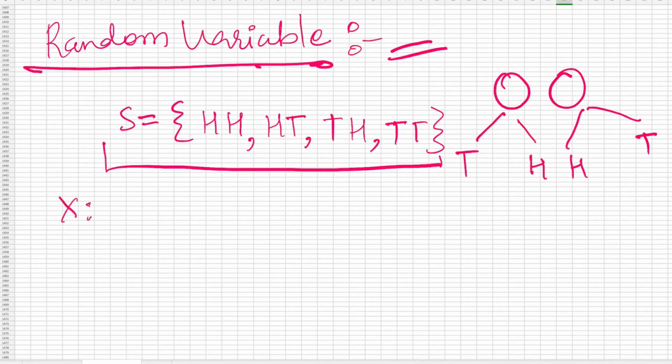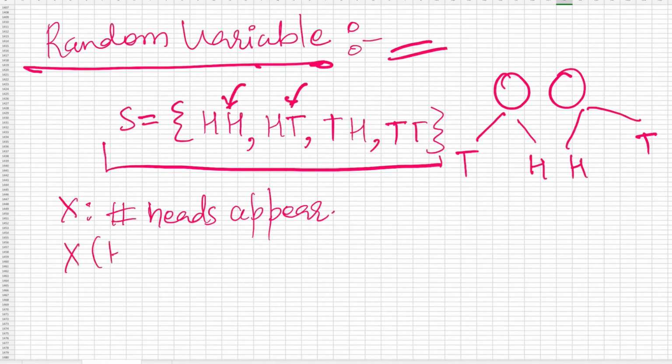If someone asks, for example, X is a statement saying the number of heads that appear, we need to find this X value for each element of the sample space. If I calculate X for HH, number of heads for H and H, the value would be 2.